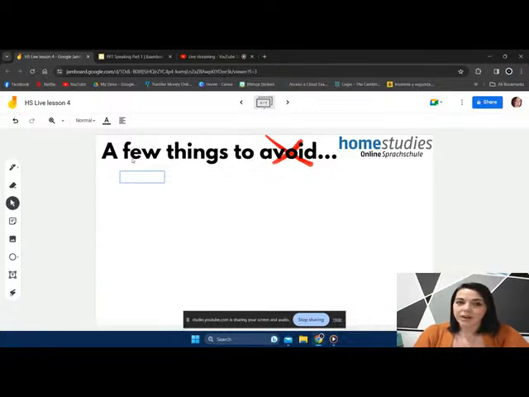It's really not necessary to give a big extended answer. Something like, my name is Fiona. I live in Edinburgh. It's a big city in Scotland. That is enough. We do not need a big description of your town. We don't need lots and lots of information.